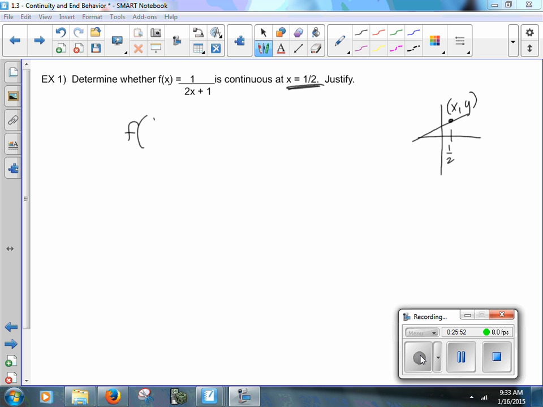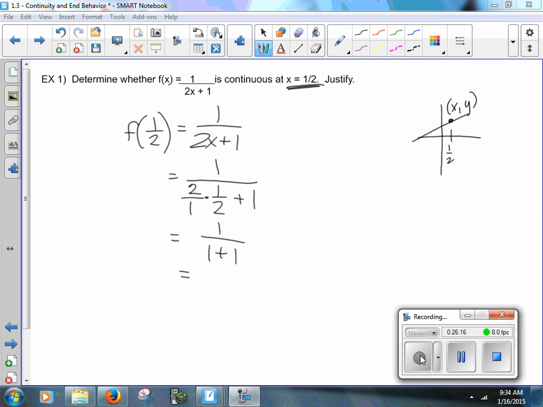So I'm going to rewrite f of 1/2 as 2/1 times 1/2 plus 1. Is that okay? What's 2 times 1/2? 1.